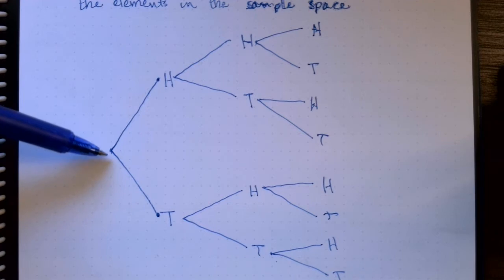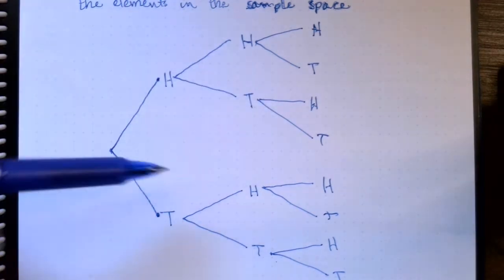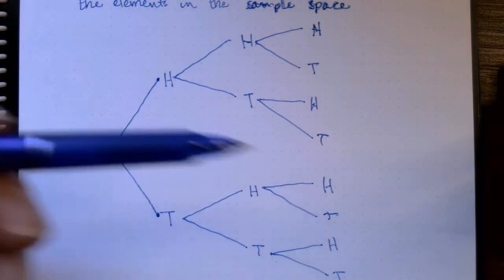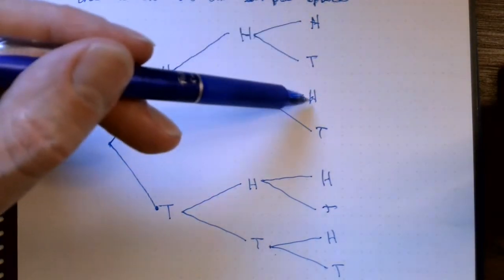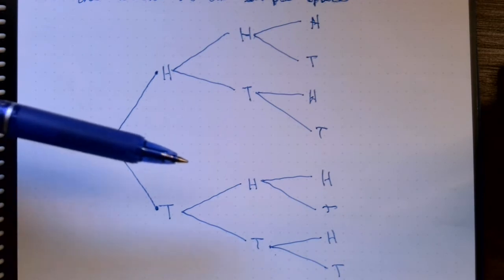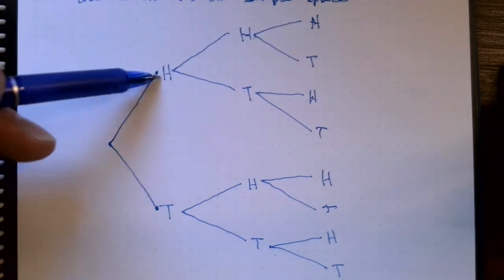So this path represents we got heads the first toss, then tails, then heads. This path represents tails, then heads, then heads. Okay, so each of the terminal branches represents one of the possibilities in this experiment. So for example, heads, heads, heads.